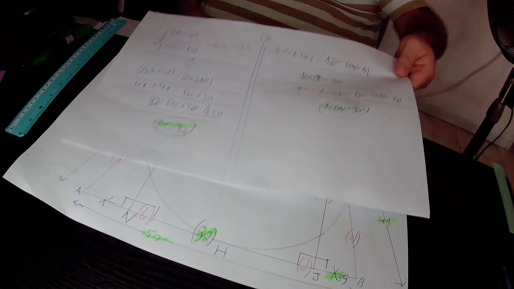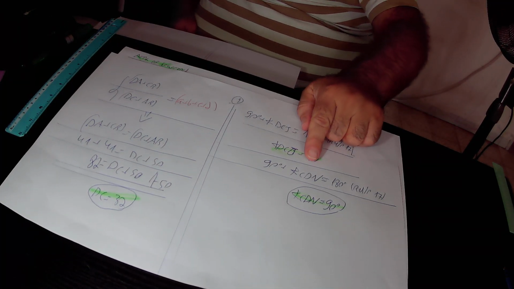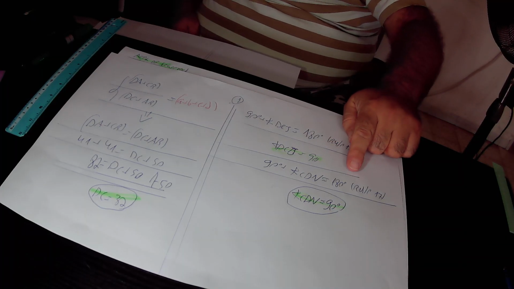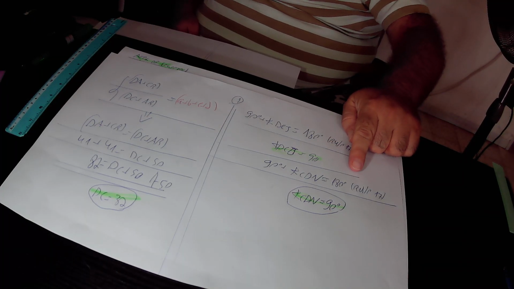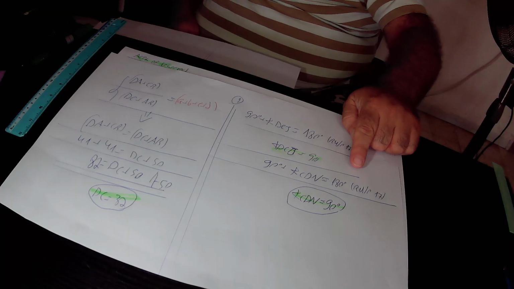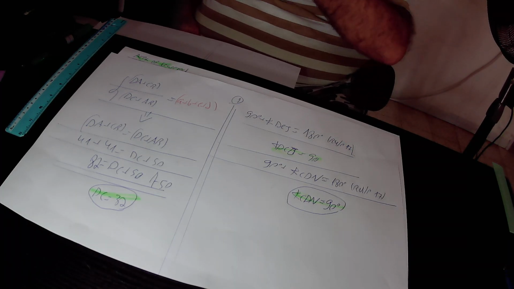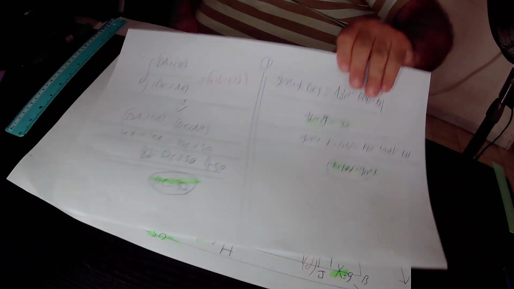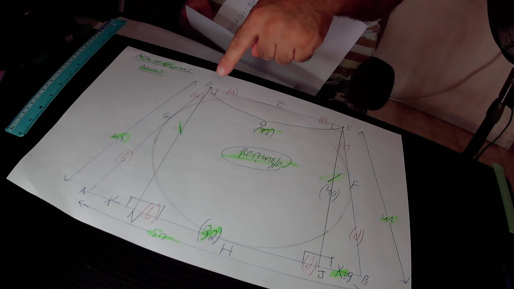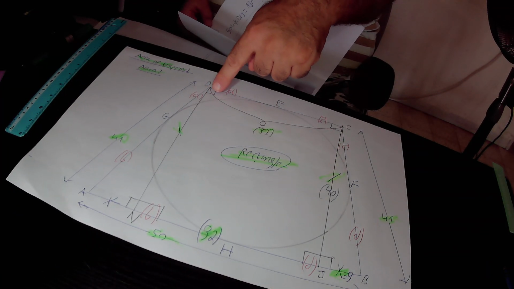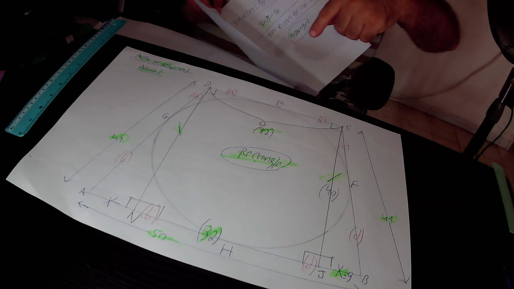So 90 degrees plus the missing angle CDN must be equal to 180 degrees. Here we subtract 90 degrees from this equation and find out that the missing angle CDN equals 180 degrees minus 90 degrees, which is 90 degrees. So this missing angle CDN is equal to 90 degrees in its size.